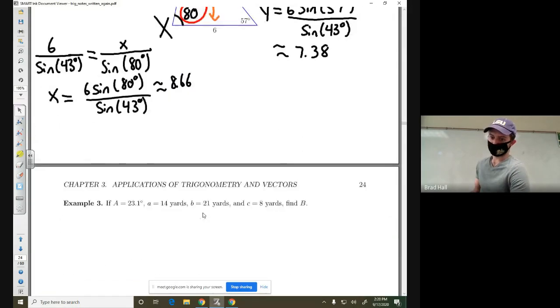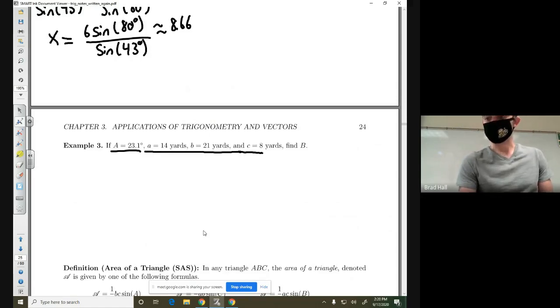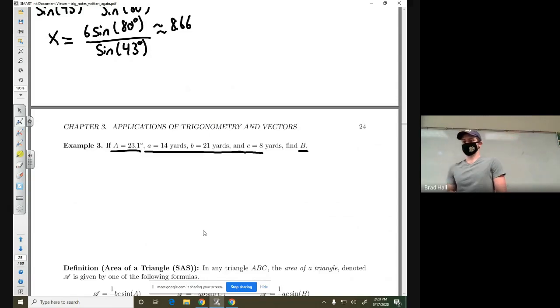What if we are only given one angle and a bunch of sides, and they want us to find an angle? We can't use 180 minus the 2 other angles because we don't have 2 other angles.